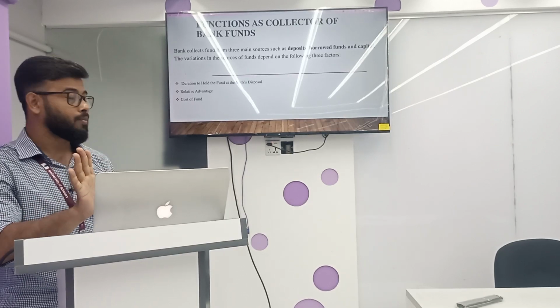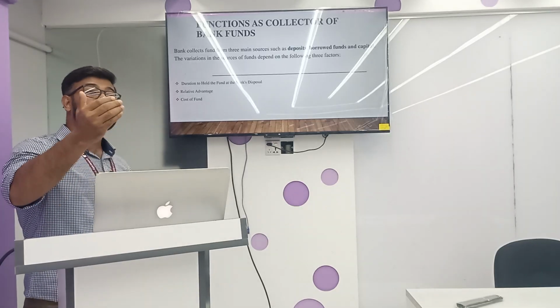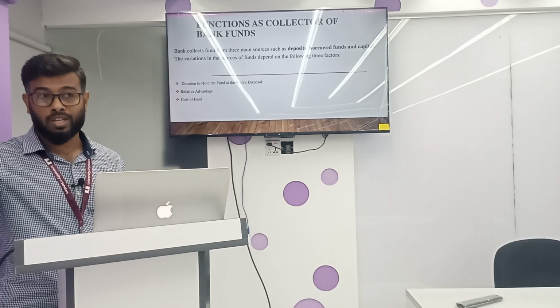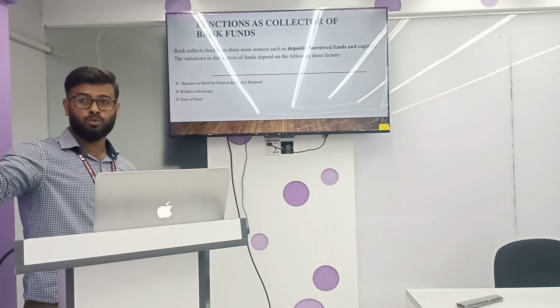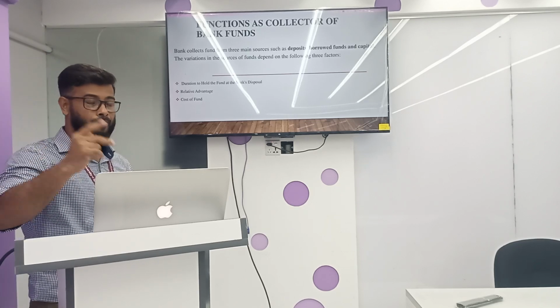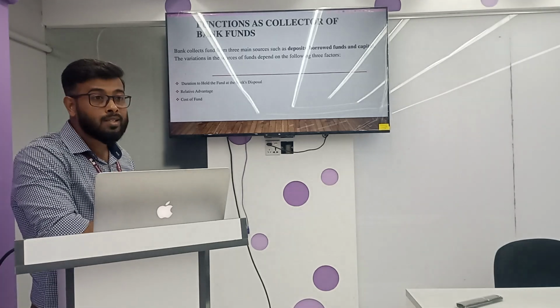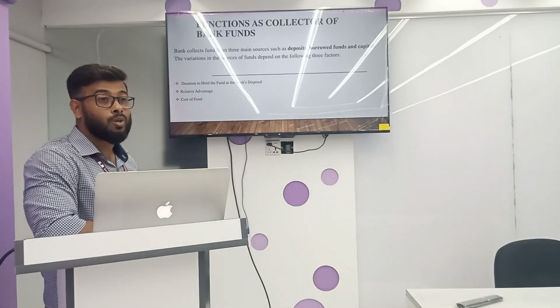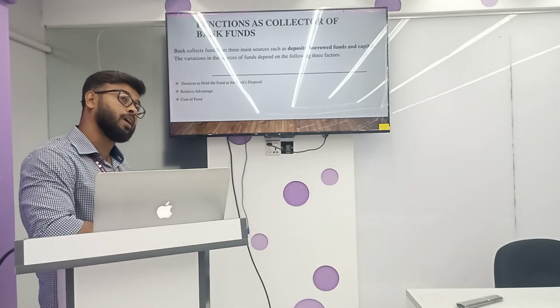You understand? If you go for equity financing, for example, you are going to sell your shares to the public, if you are a listed company. What will be the cost for that fund as well?